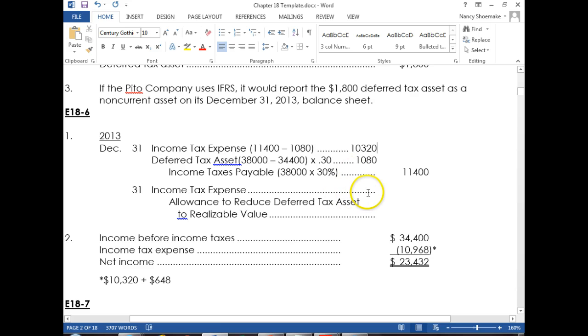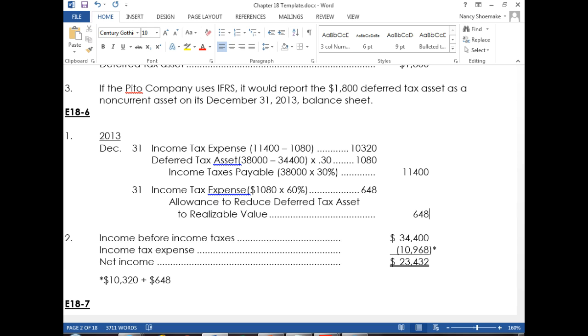So for this income tax expense we take the 1,080 times 60%, and what's that going to be? 648, an allowance to reduce deferred tax asset to realizable value, 648. Okay?